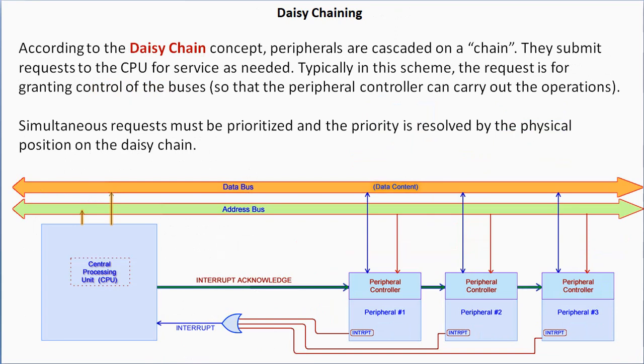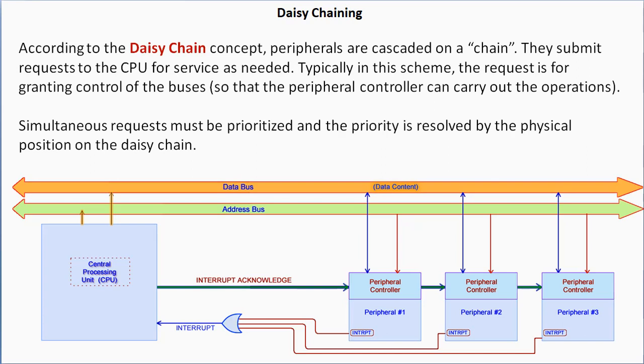In this last part regarding I/O, we turn to another concept known as daisy chaining. According to this concept, peripherals are cascaded on a chain. They submit service requests to the CPU as needed.